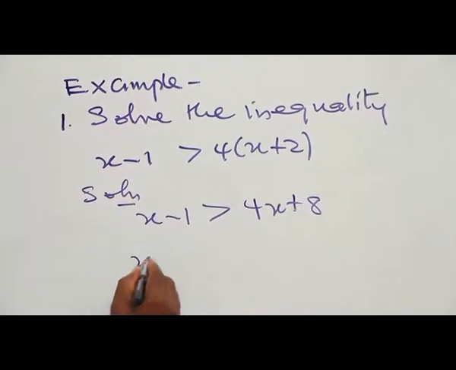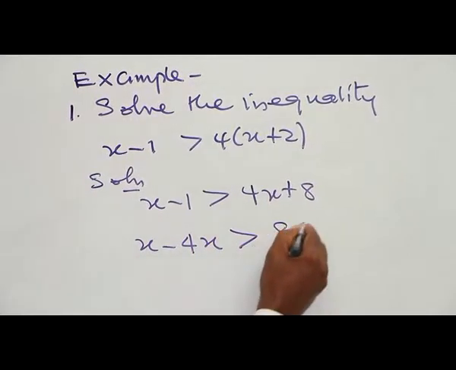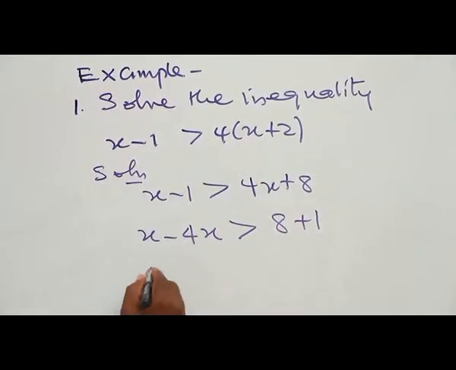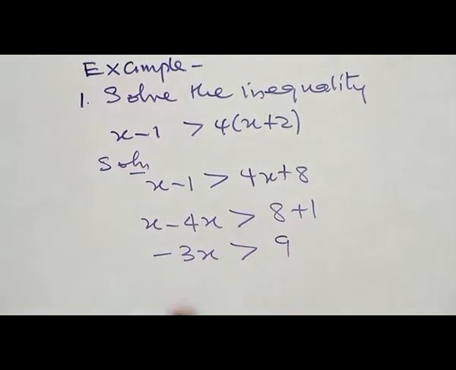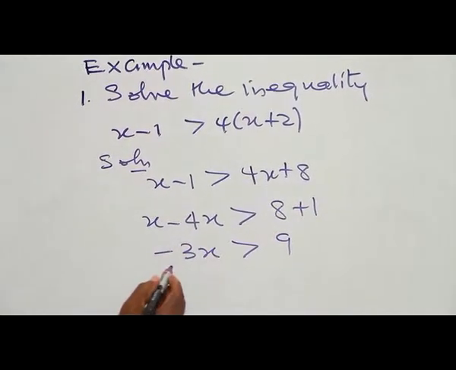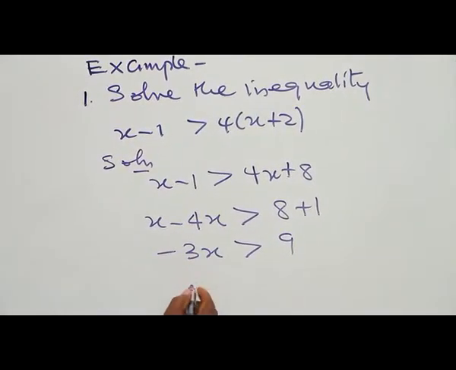Collect like terms, s minus 4s is greater than 8 plus 1. This becomes minus 3s is greater than 9. At this point, I'm going to divide both sides by minus 3.